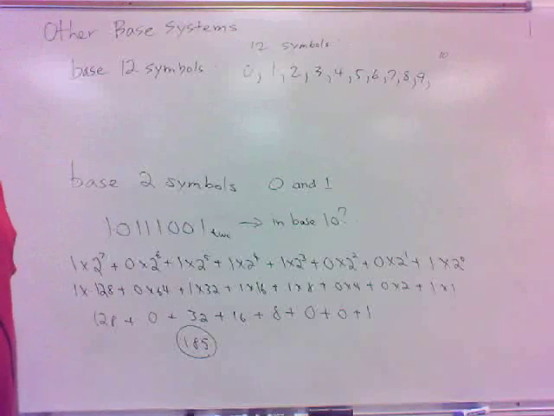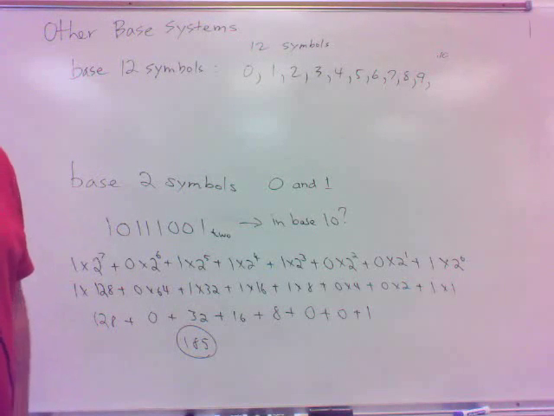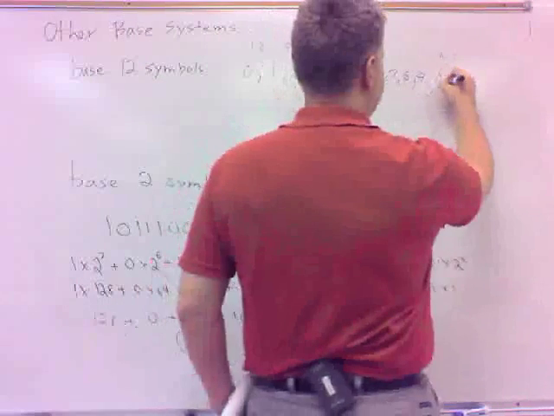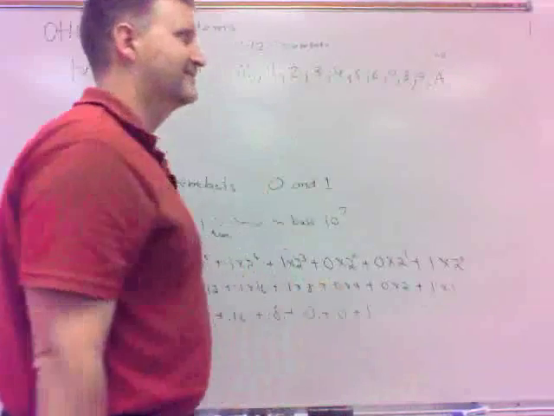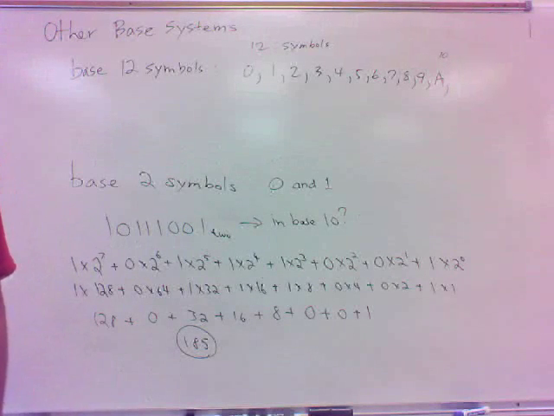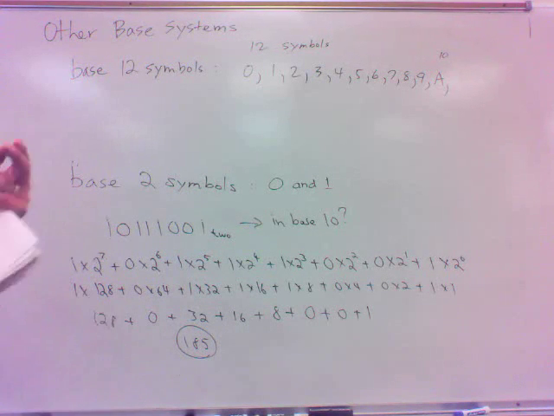I only want one symbol to represent 10. And the way we do that is we pick up with letters. Capital A is going to be the next symbol in base 12. Now, capital A has a value of 10. It does mean 10, but it is represented by the letter A.